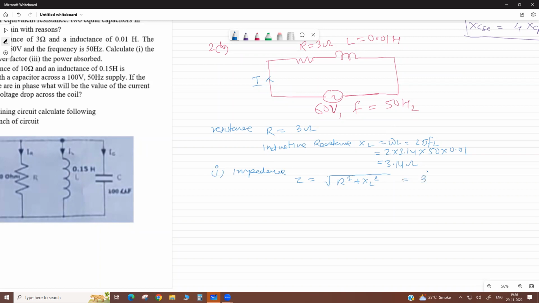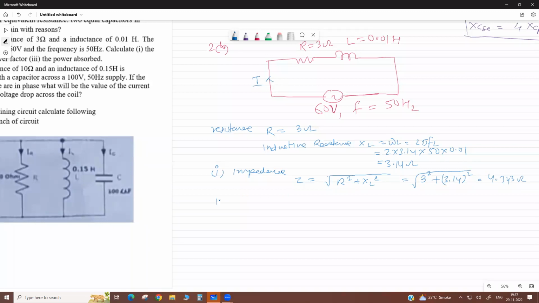That is 3 square plus 3.14 whole square, root of this, equals 4.343 ohm. Okay.